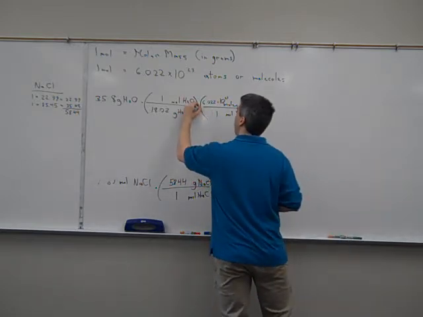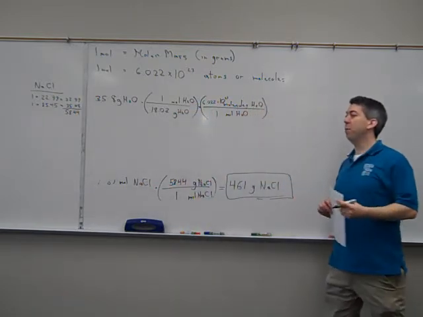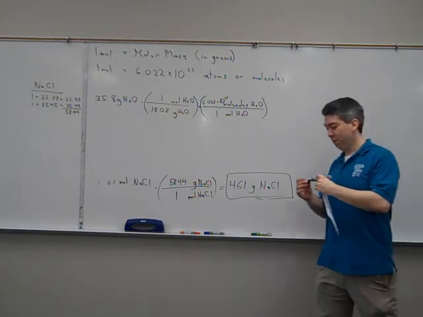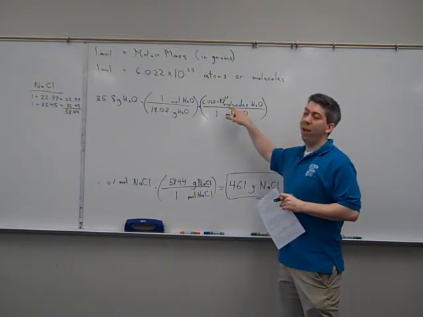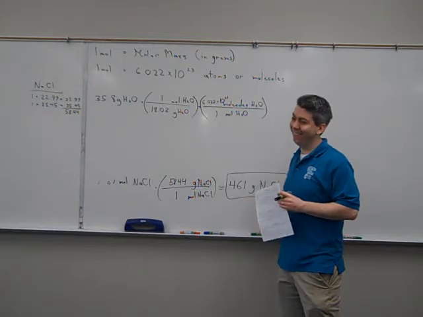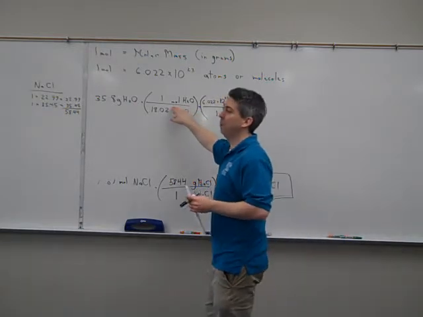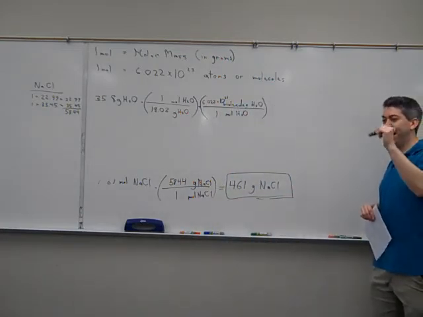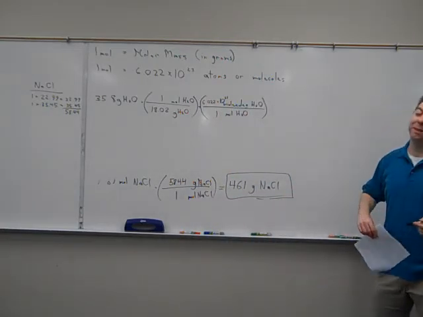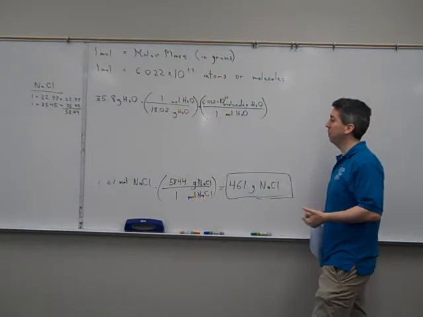I know it's tempting to abbreviate the word molecules because it's kind of a long word, but don't use MOL for molecules because MOL is moles, right? I've seen students confuse themselves and accidentally start flipping things around because they use the abbreviation MOL for molecules.